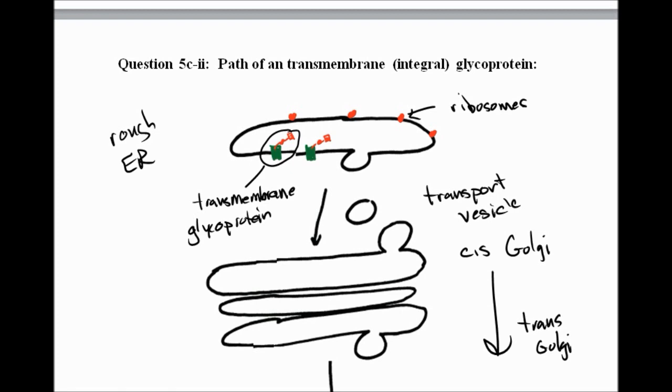Now that the protein has been produced, and it has its core glycosylation on it, it will need to be packaged into a transport vesicle. And what was inside the lumen of the ER will be in the lumen of the transport vesicle.